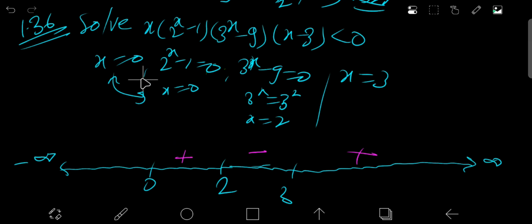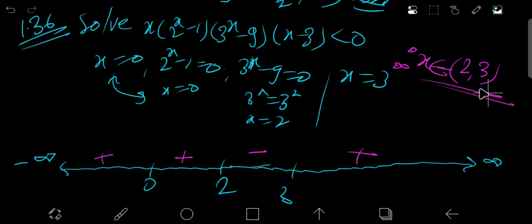And for x equal to 0 with multiplicity 2, the sign is not changed. Now we take less than, so we take only the negative interval, which is an open interval. The final solution is x belongs to, since no equality sign is given, 2 to 3 in open interval. Okay, this is our answer.